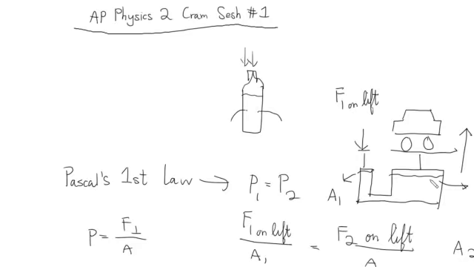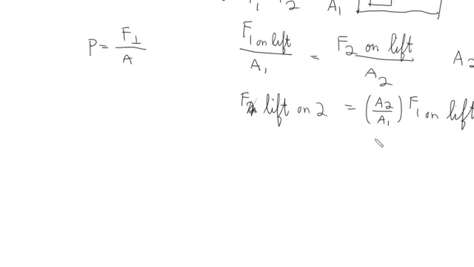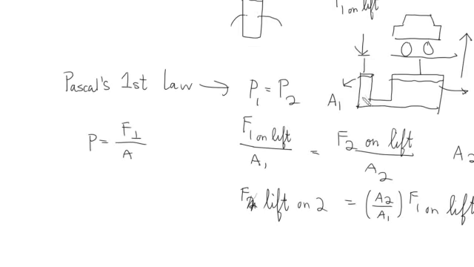You don't need to be a hero to lift cars. But yeah, this is all just one container, but the cross sectional area here is wider than here. And so that's just a useful application of Pascal's first law.